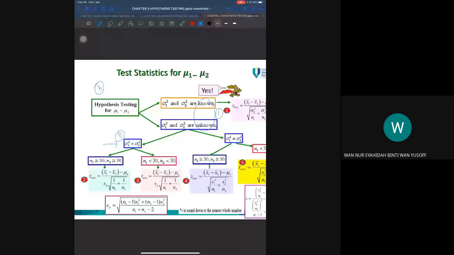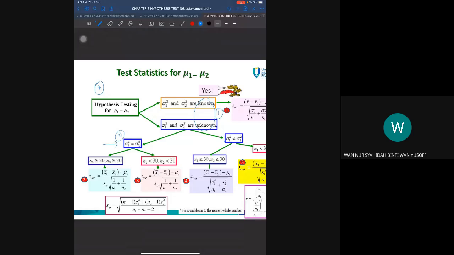Until we discuss 3.7, these 2 conditions will be given in your question. After we discuss 3.7, sometimes in order to determine whether the variances are equal or unequal, you have to perform the hypothesis test in 3.7, the ratio of 2 population variances.